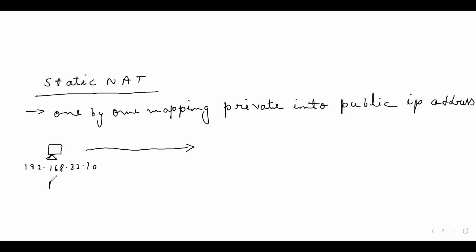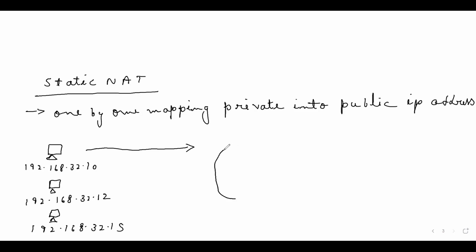There is one more PC. It is using a private IP address, any private IP address, 192.168.32.12, and 192.168.32.15. Okay, this is private IP.